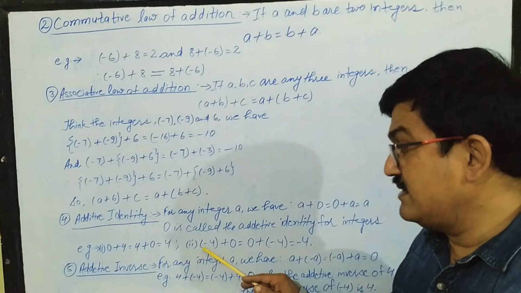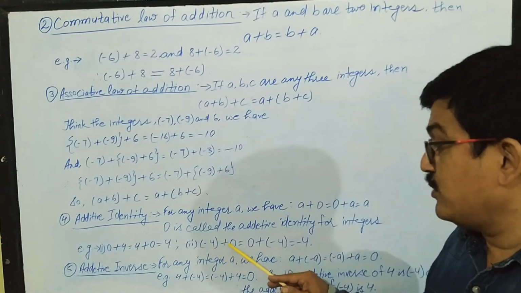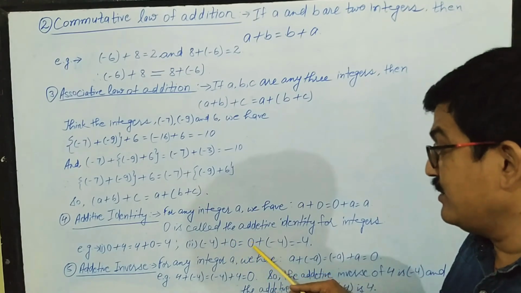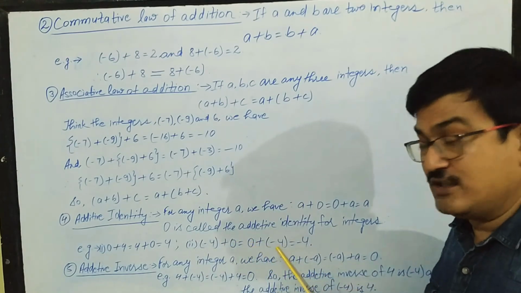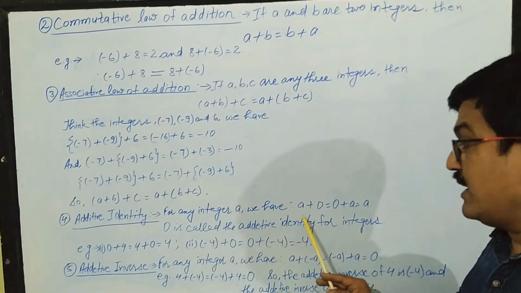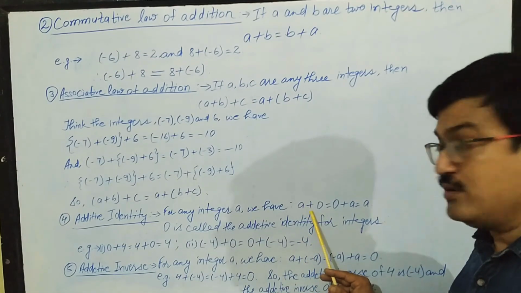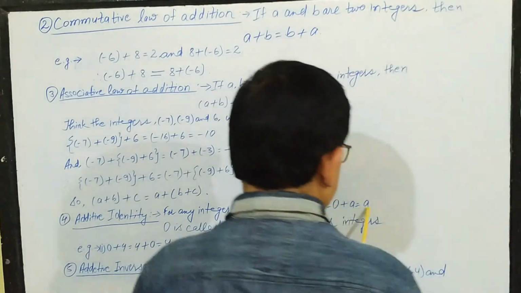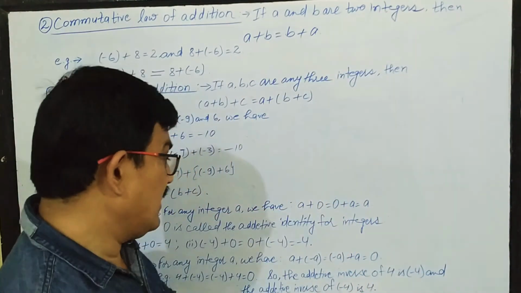One more example: -4 plus 0 is equal to 0 plus -4, which is -4. It means a plus 0 is equal to 0 plus a is equal to a.